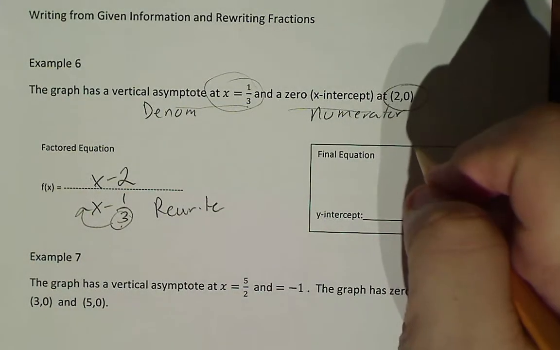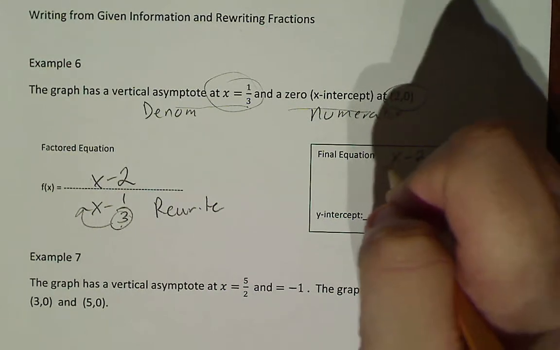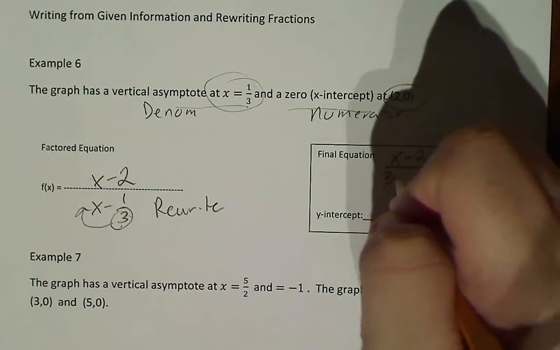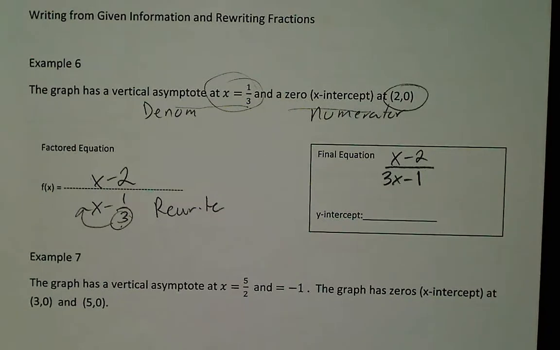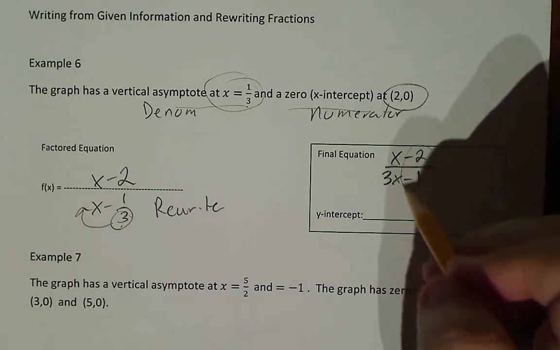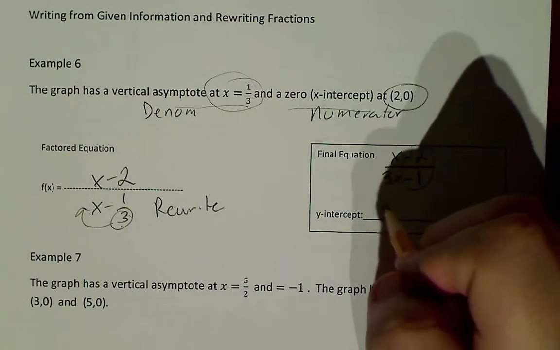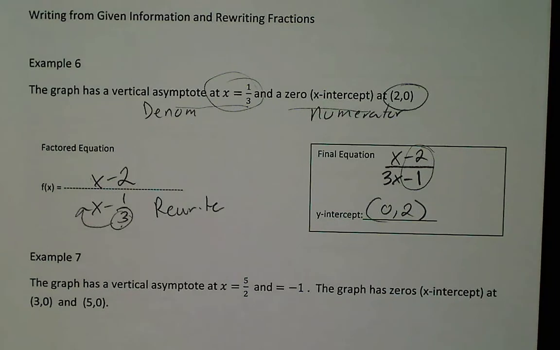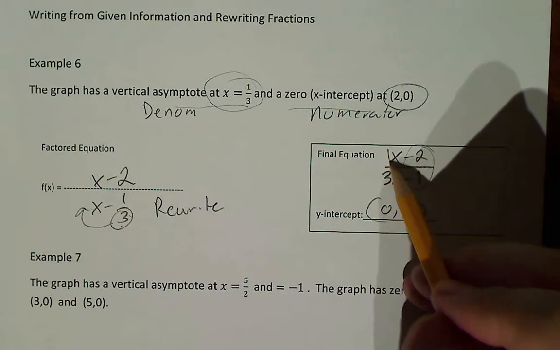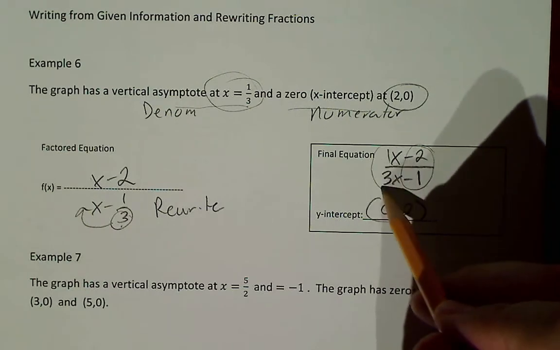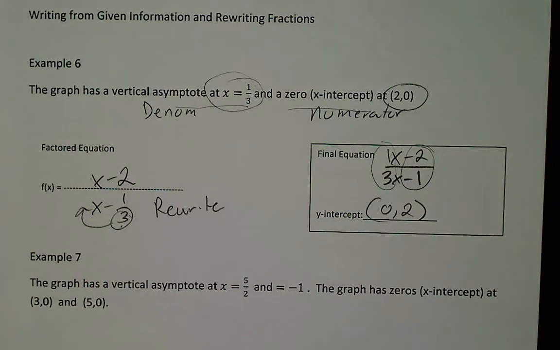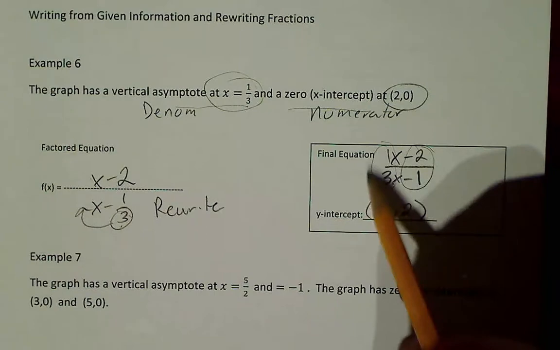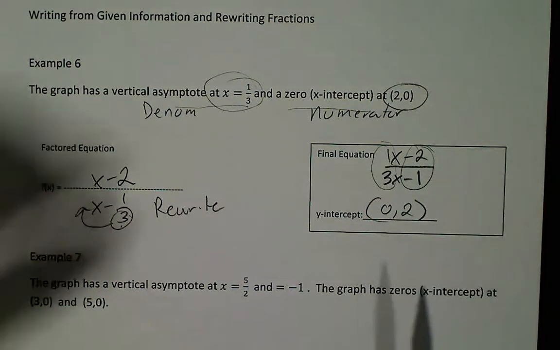So if I rewrite this as my final equation, this is going to be x minus 2 over 3x minus 1. Okay. And then again, the rule still applies. -2 over -1 becomes my y-intercept in this case. We're not worried about horizontal asymptotes, but essentially, again, if you look, this is 1 over 3. So your horizontal asymptote would have to be 1/3. Okay. We'll get more into this as we move forward in this unit.